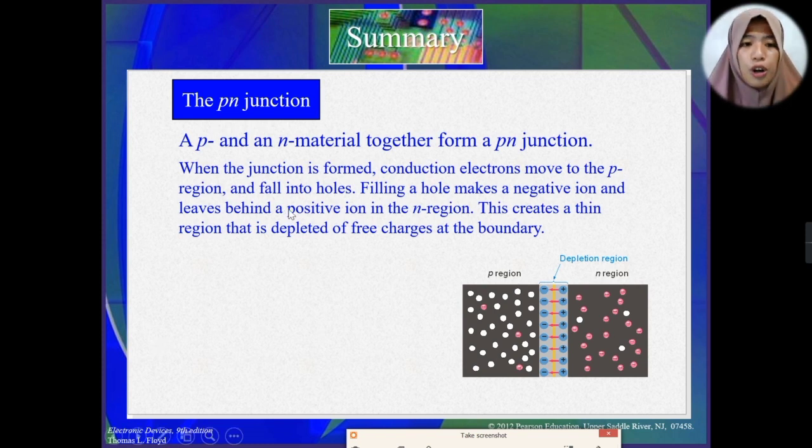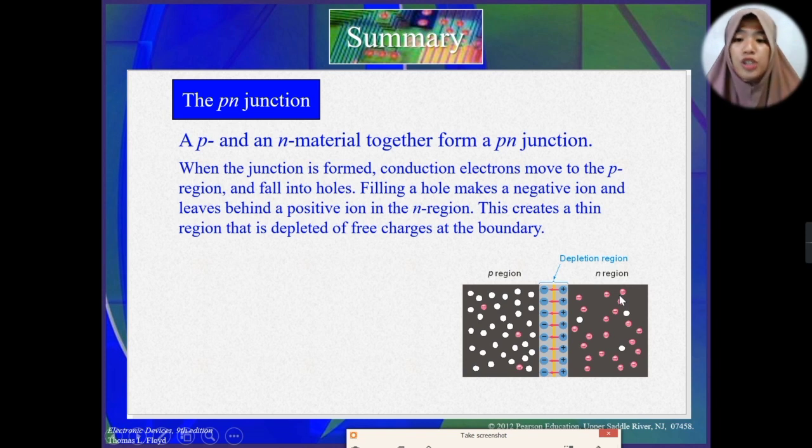When the junction is formed, conduction electrons move to the P region and fall into holes. Filling a hole makes a negative ion and leaves behind a positive ion in the N region. This creates a thin region depleted of free charges at the boundary. So, let's discuss this figure.